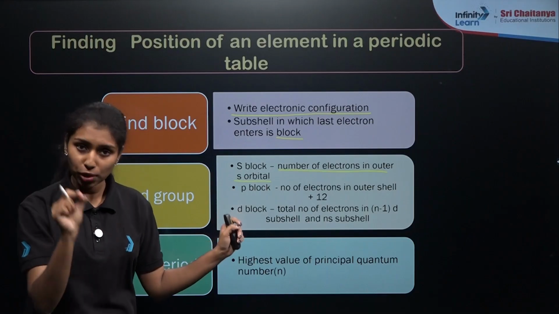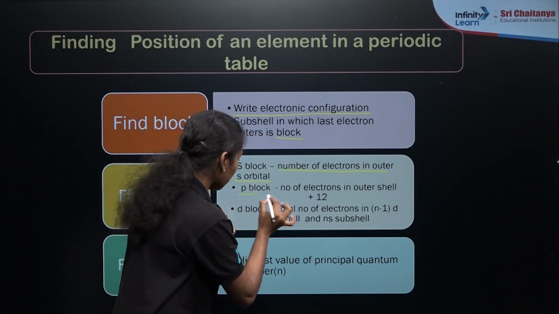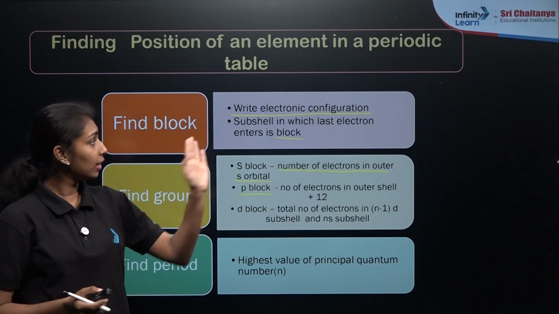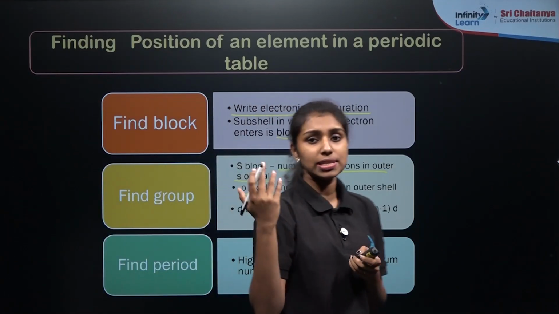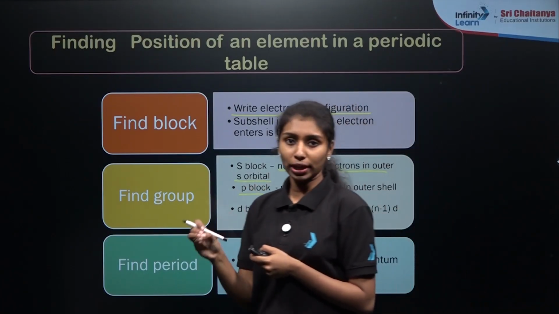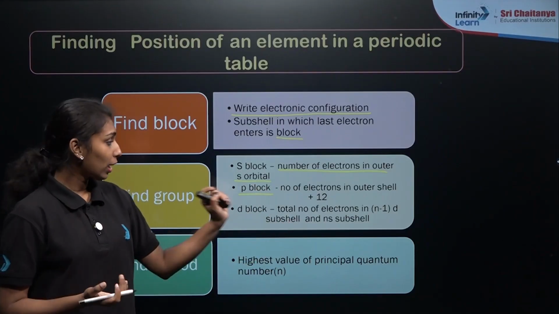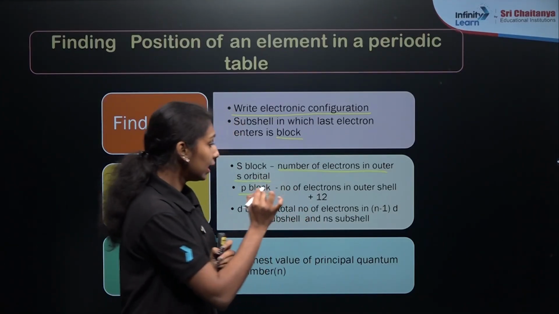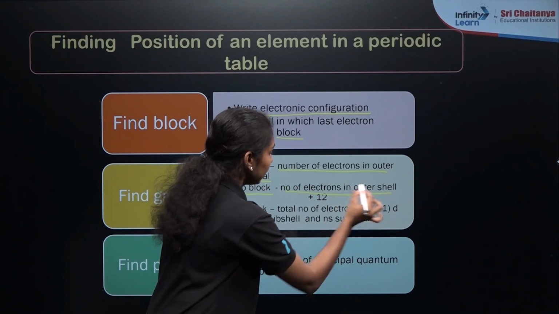Then, if you are given a p block element, just listen here. We have written the electronic configuration, and we check where the last electron is entering. The last electron is entering into the p subshell, so we identify that it is a p block element. Then how to find the group of that p block element? We need to add the number of electrons in the outer shell and then add 12.